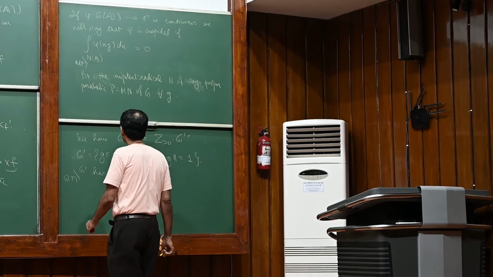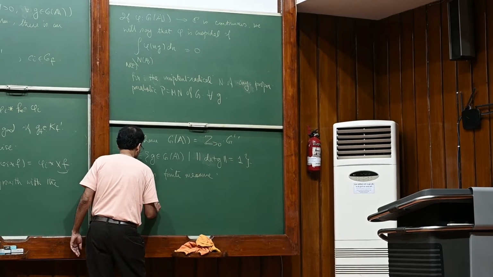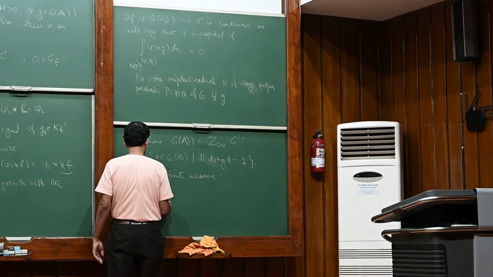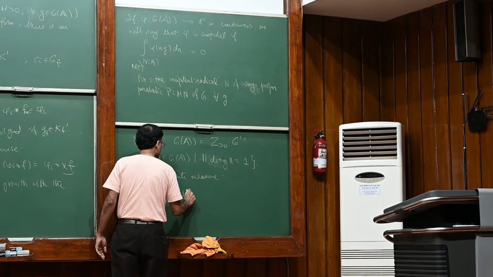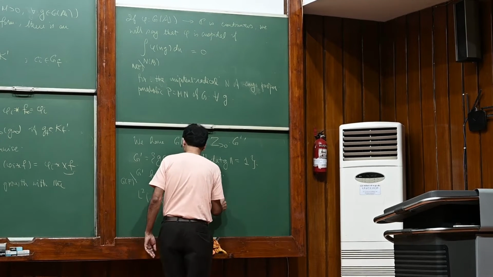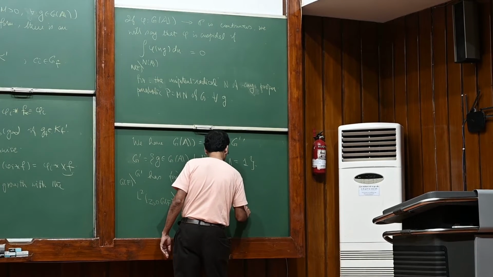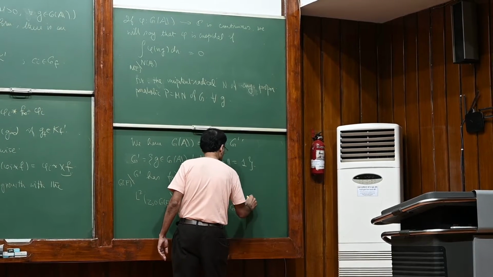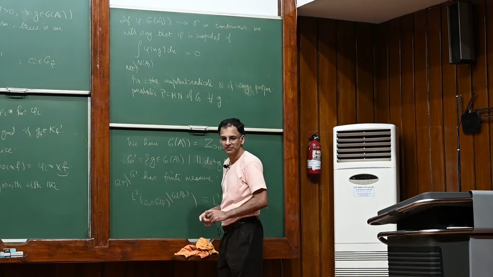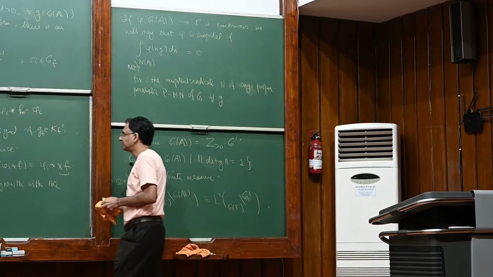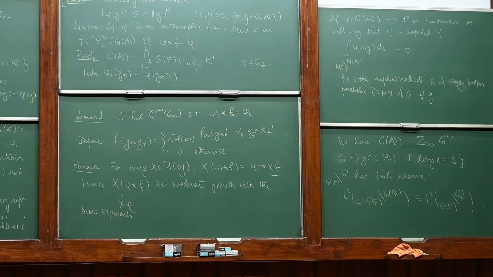So the point is, if I look at L2 of Z greater than 0 G_F, if I look at this space, that's basically the same thing as L2 of G_F by G1. Okay. So I'm going to kind of freely confuse those two whenever I feel like doing so.